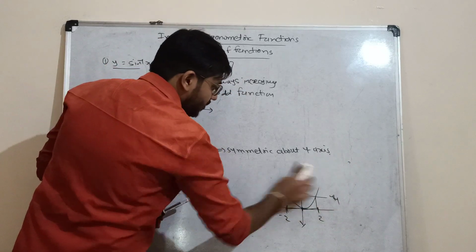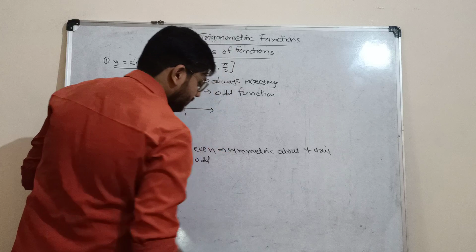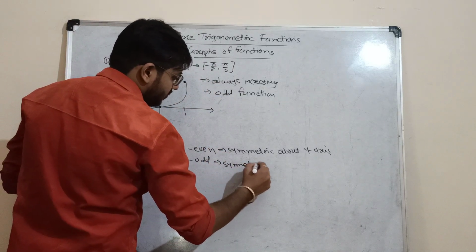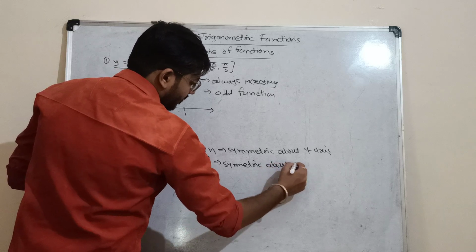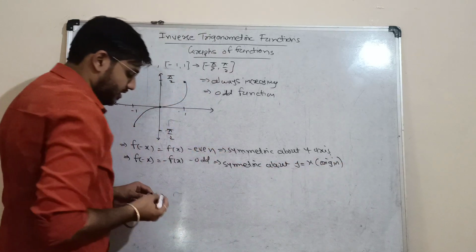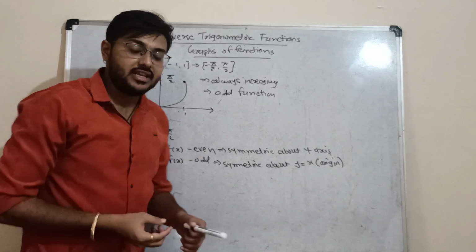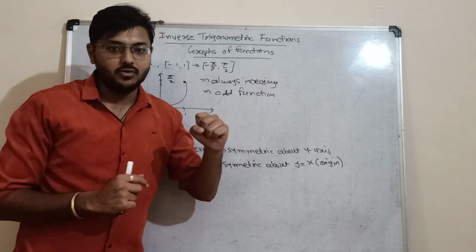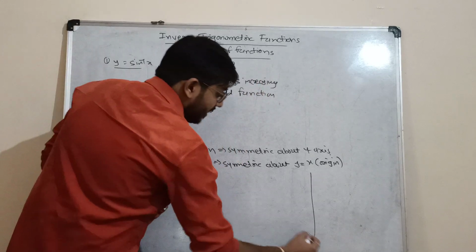And an odd function is symmetric about the line y equals x, or in other words we can say it is symmetric about the origin. Or in a third way, we can say that the graph of an odd function is symmetric in the opposite quadrants. Let's say the graph of x cube.